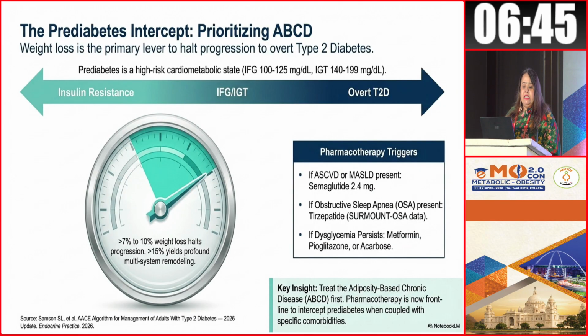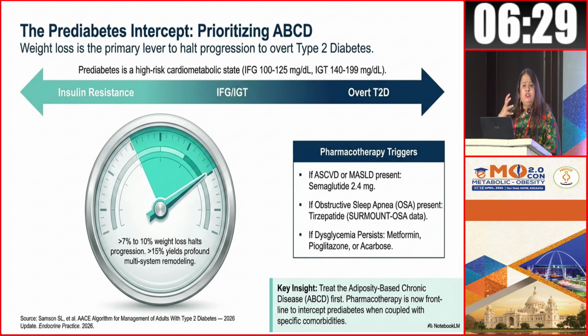The pre-diabetes intercept, yes, definitely prioritize ABCD or adiposity-based chronic disease. And here weight loss is the primary lever to halt progression to overt diabetes, undoubtedly.